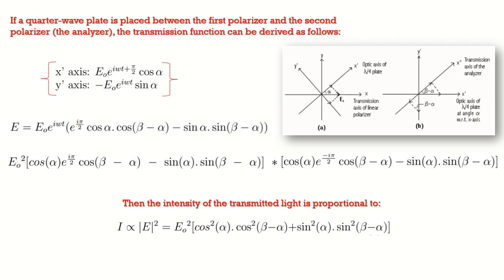The resulting E field is our equation shown here. The simplification of this yields the intensity I of the transmitted light, proportional to this last equation.